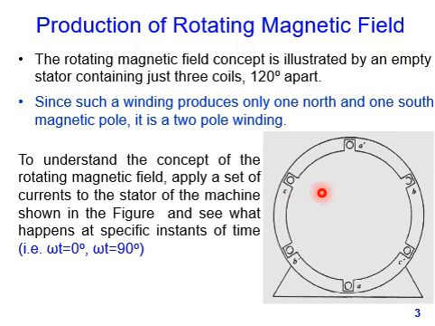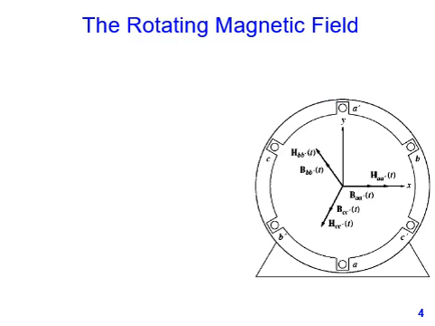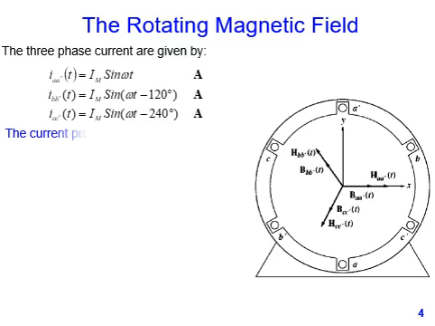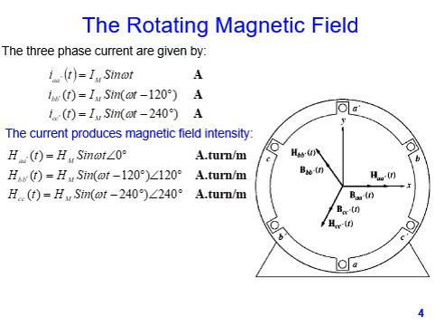Now we apply three different currents to the stator of the machine. All these three currents are out of phase by 120 degrees, and then we see what happens to the stator at different angles.